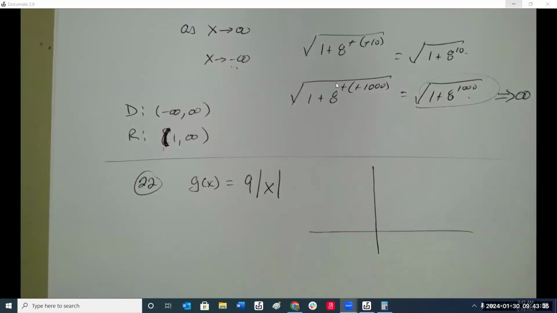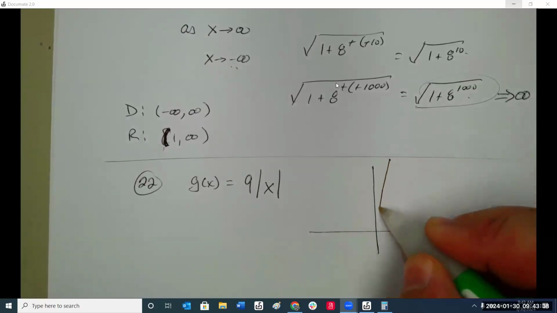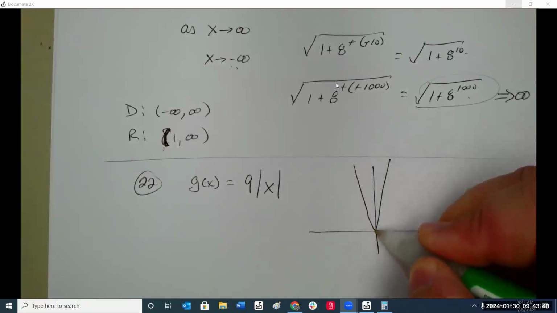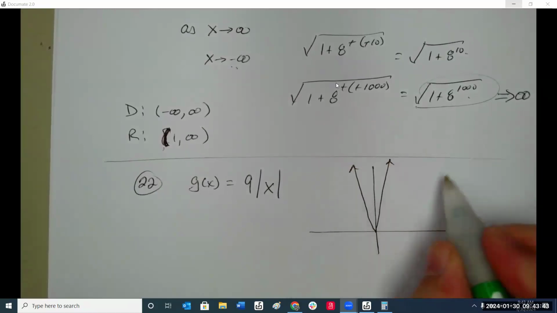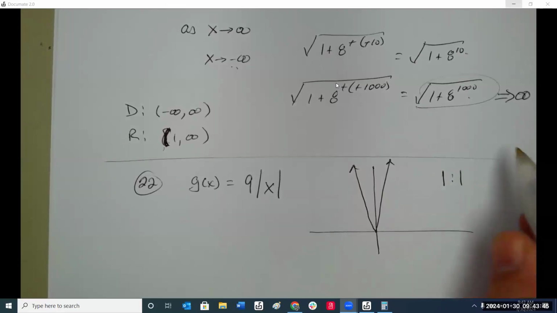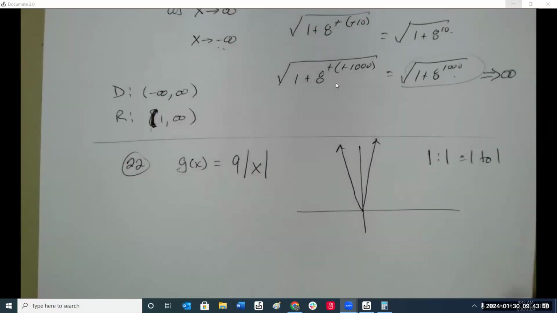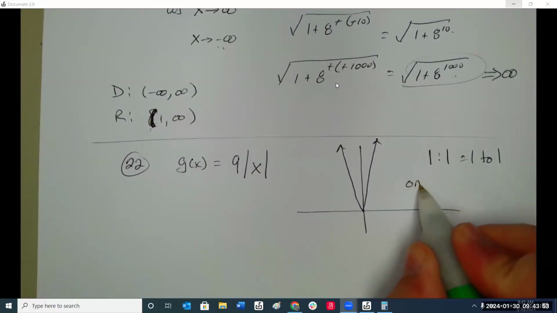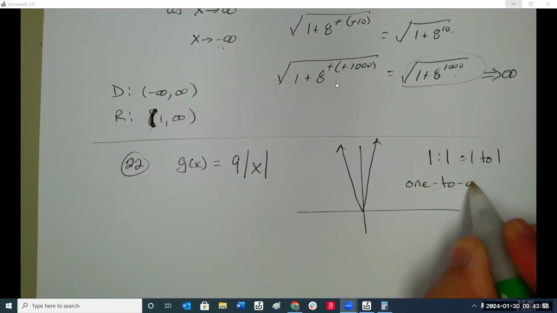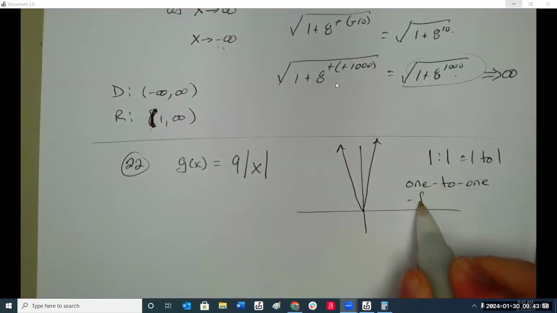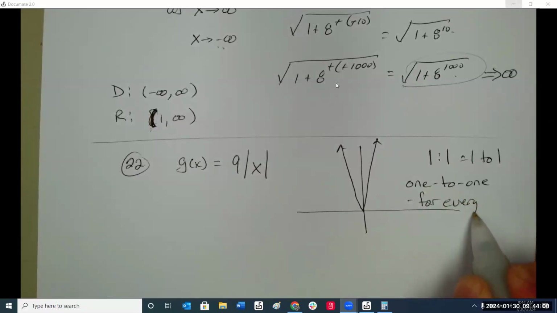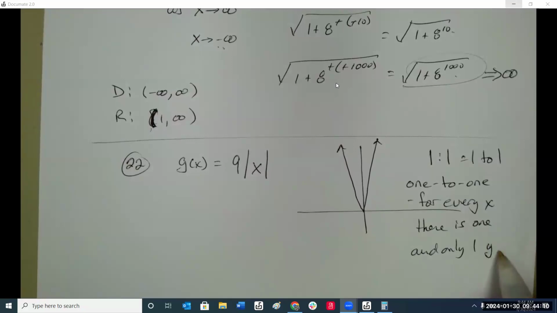What does 1 to 1 mean? 1-to-1 means for every x, there is one and only one y.